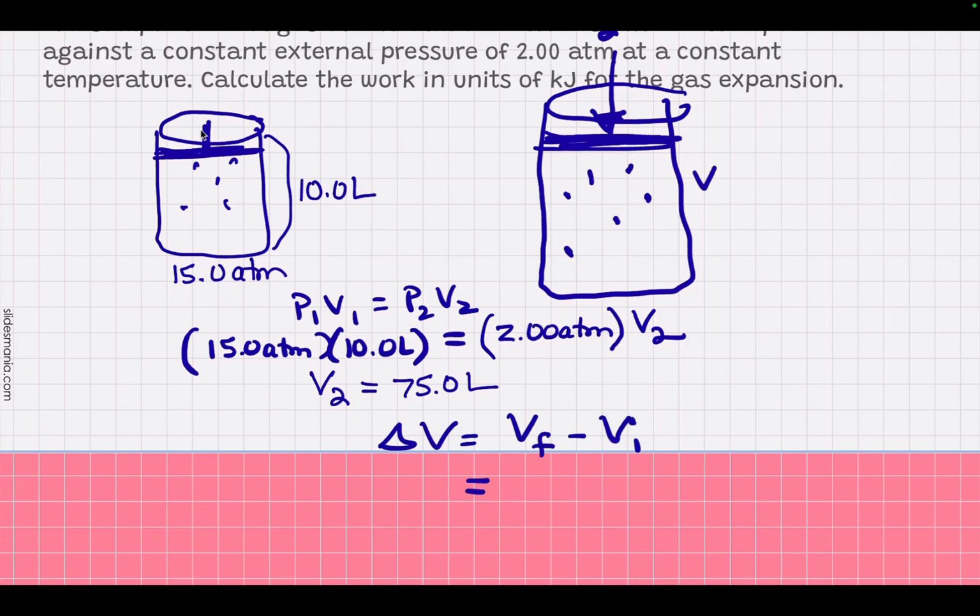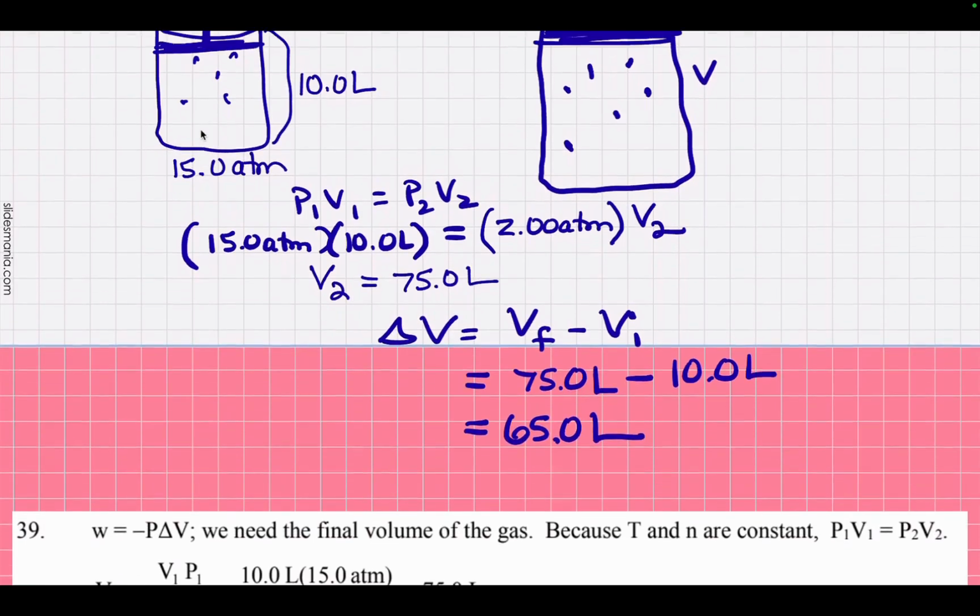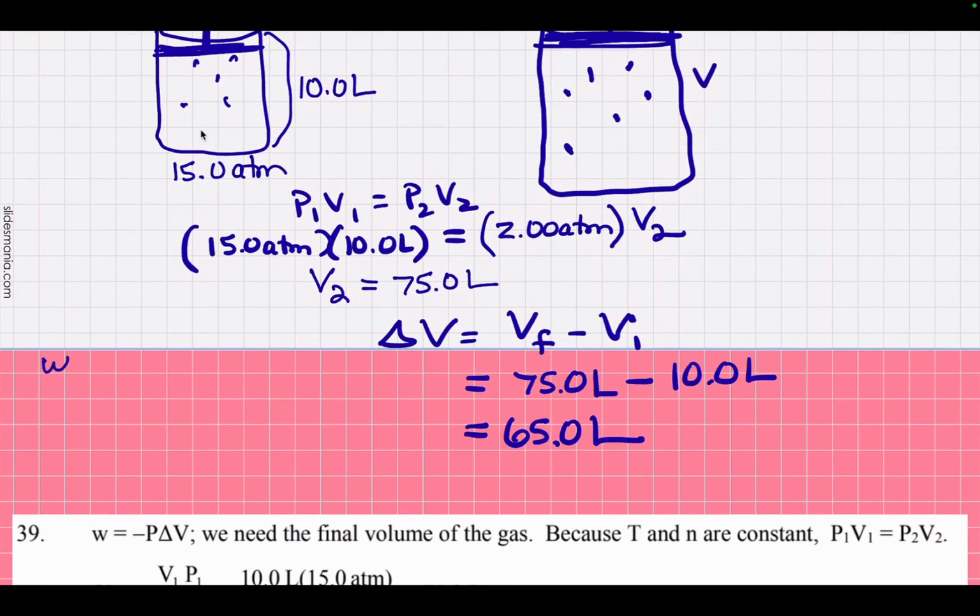So the final volume in this question is 75 liters. The initial is 10 liters. So my delta V is 65 liters. So now I can calculate work. I'll do that over here.